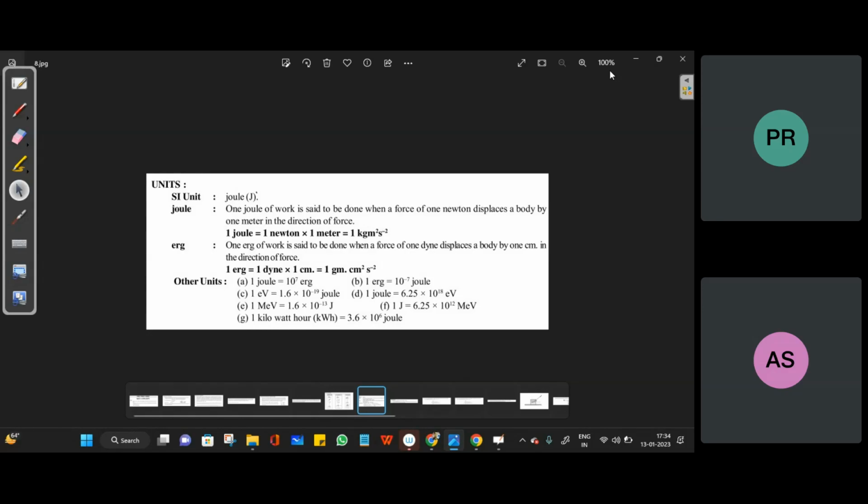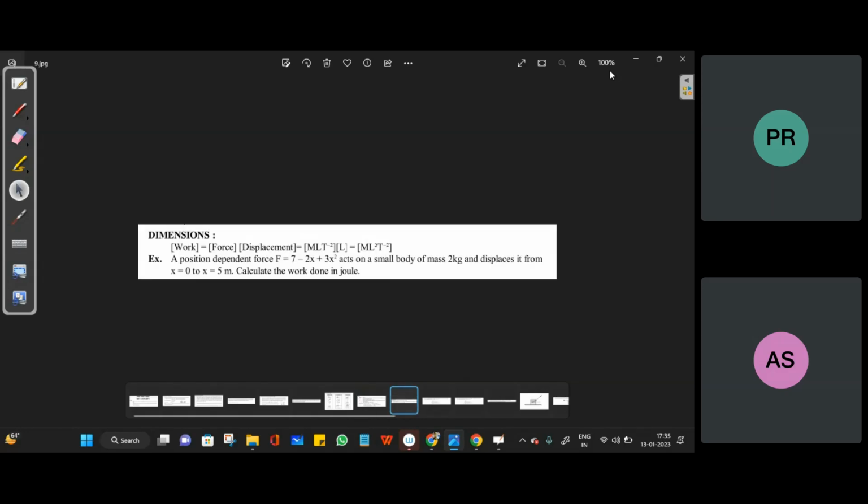One erg is one dyne into centimeter. Dyne is the CGS unit of force. The relationship is 1 joule is 10 to the power 7 erg. Energy has many different units, but the SI unit is only one, which is joule, and joule is equivalent to Newton meter. Now you can try this question.